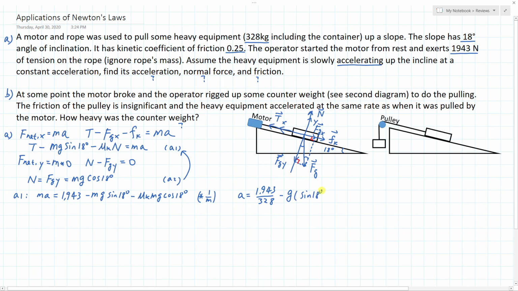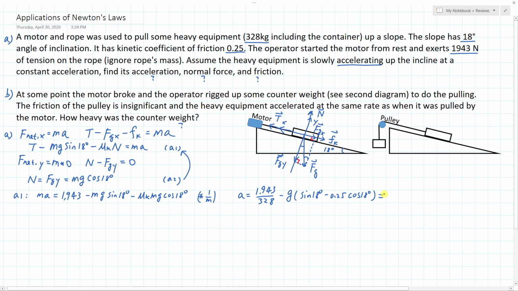Sine 18 degrees minus mu k, which is 0.25, times cosine 18 degrees. Okay, so this way is more compact than what we could have done just by plugging numbers directly into these variables. This is better. It reduces calculations.